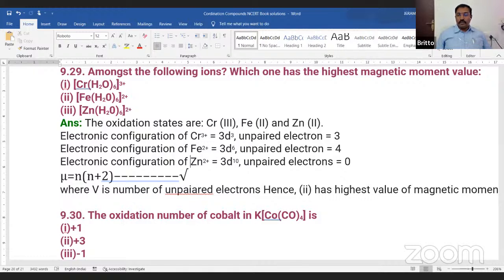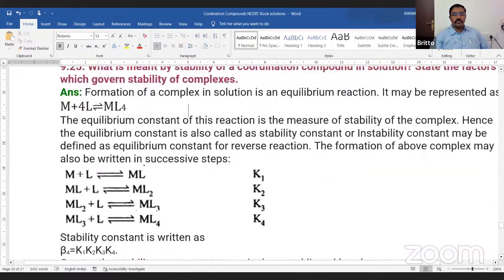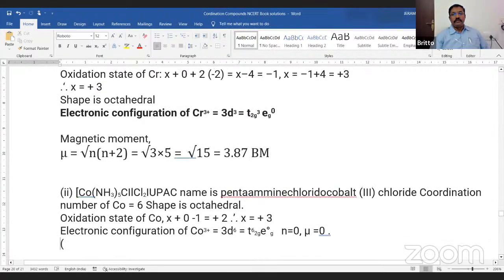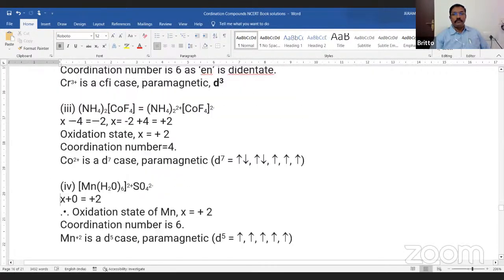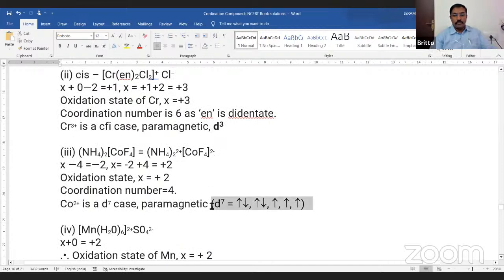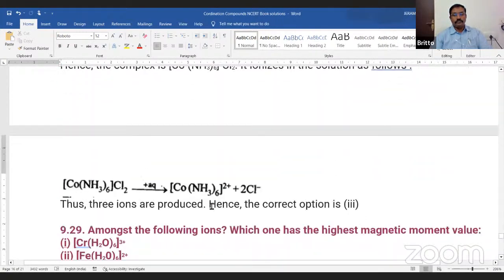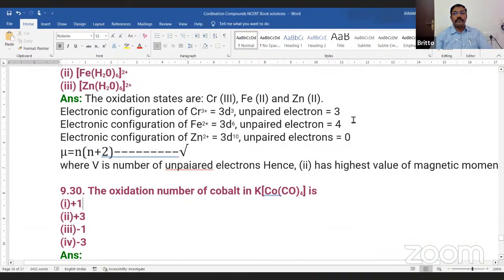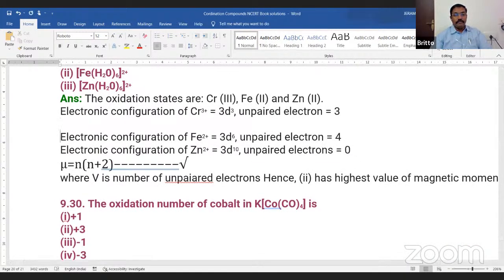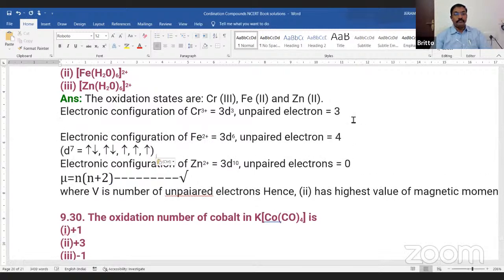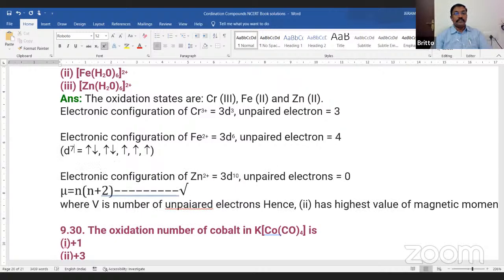Now, Fe2+ in H2O is a weak field complex, so it is going to be high spin, meaning unpaired electrons should be there. So Fe2+ is 3d6. I'm just going to copy that here. This is 3d6.